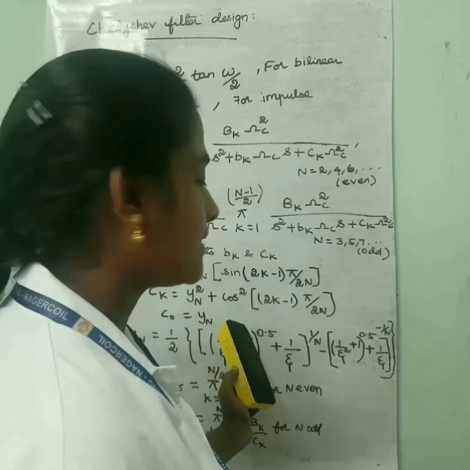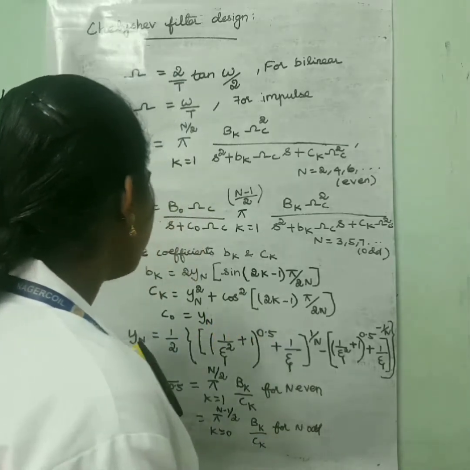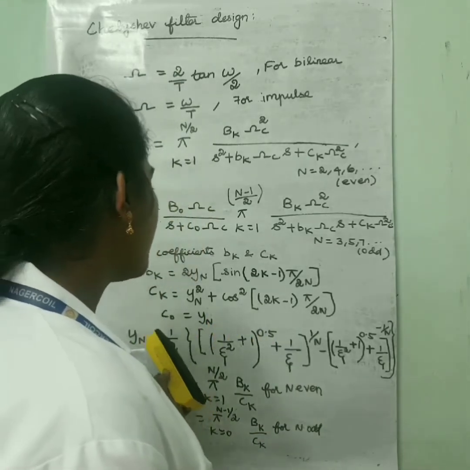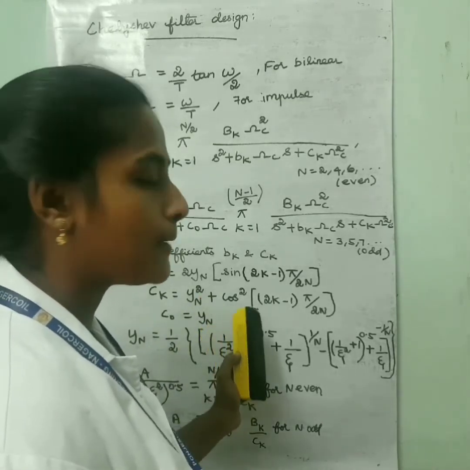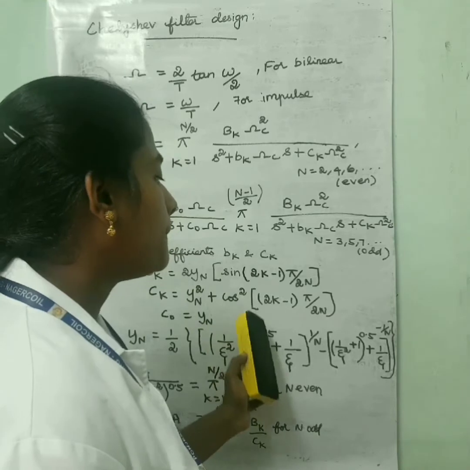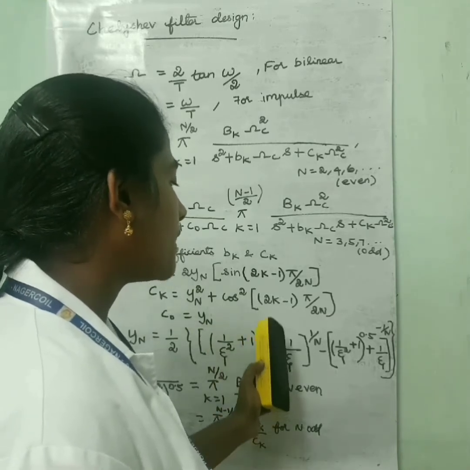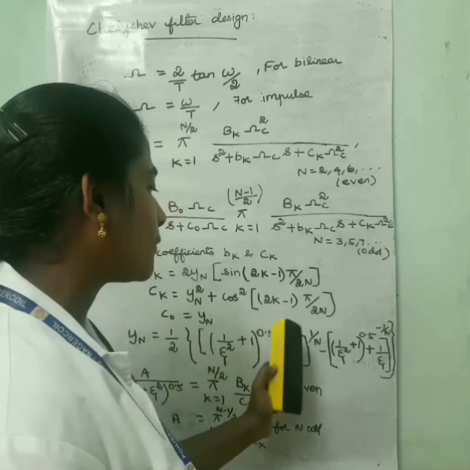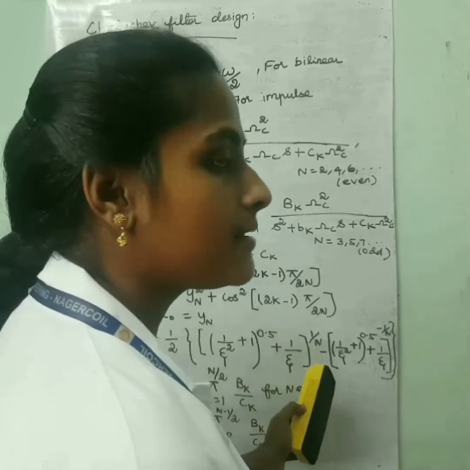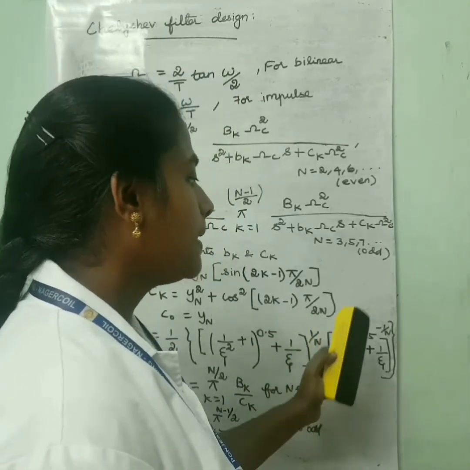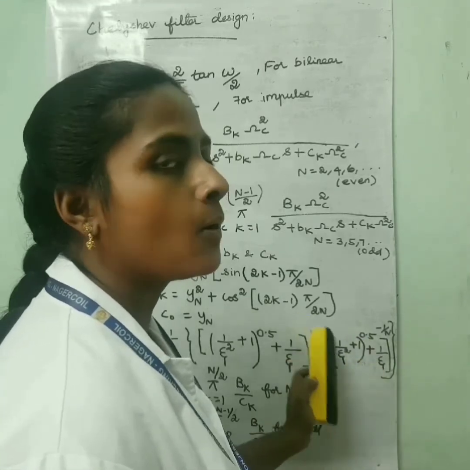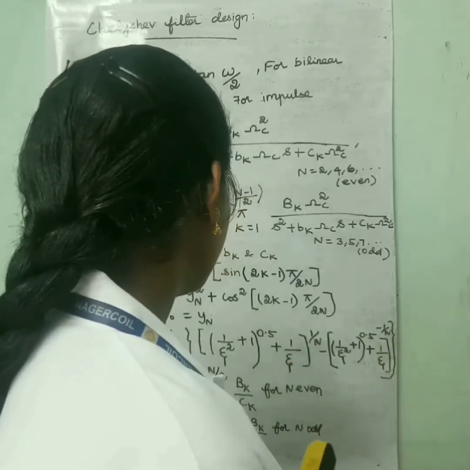Here c naught is equal to y N. For y N we have the formula y N equal to 1 by 2 into ((1 by epsilon square plus 1) the whole power 0.5 plus 1 by epsilon) the whole power 1 by N minus ((1 by epsilon square plus 1) the whole power 0.5 plus 1 by epsilon) the whole power minus 1 by N.